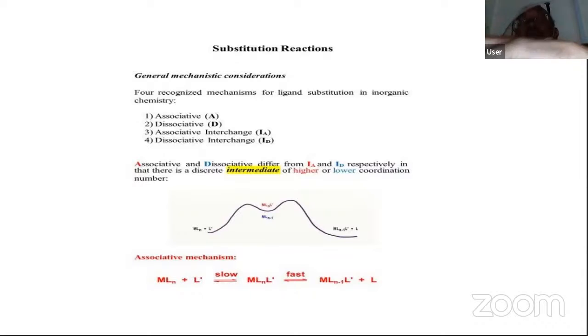The new ligand joins the complex, they associate together. If they associate permanently, we call it an adduct. Okay, so the second way is one of the ligands leaves the complex. Then the new ligand comes in. So basically, there are two ways of substitution.